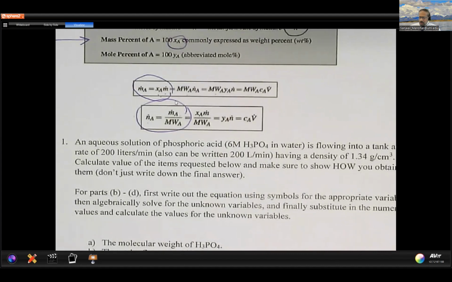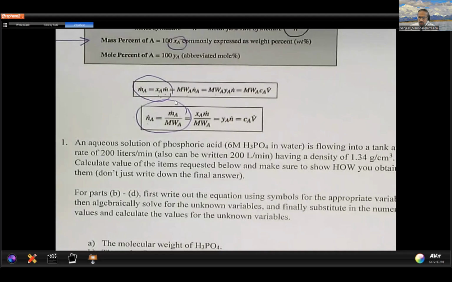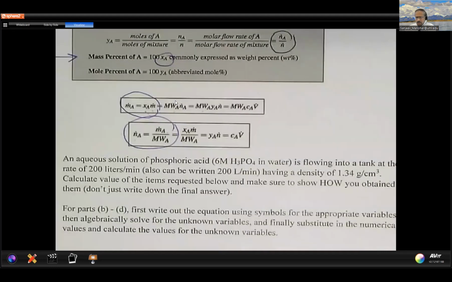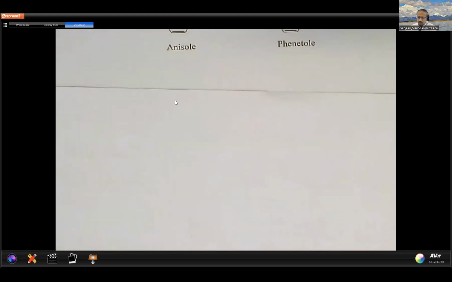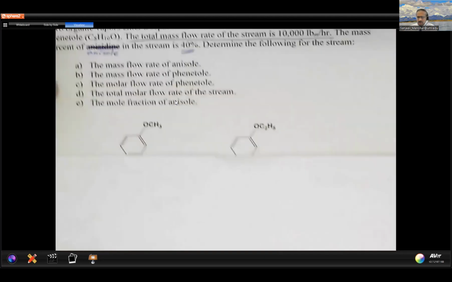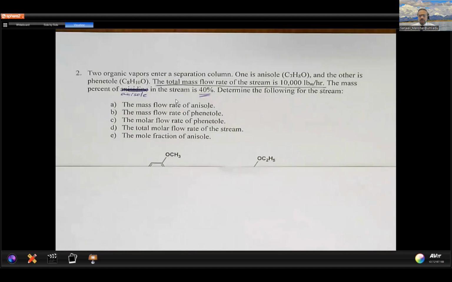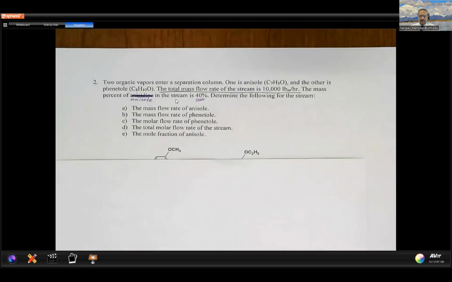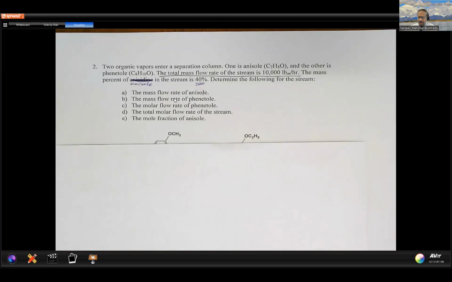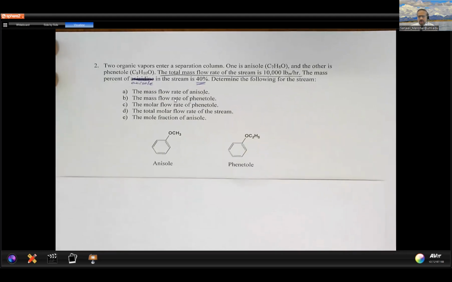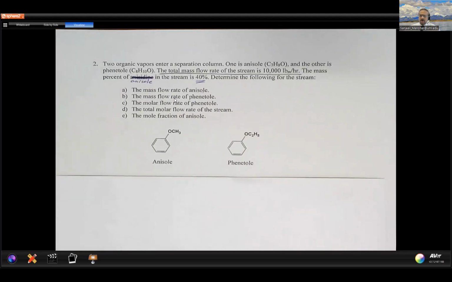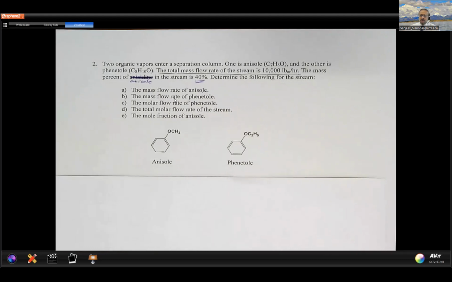Now let's go to problem number 2. Let me put this up clearly. So two organic vapors enter a separation column. One is anisole, the other is phenol. The total mass flow rate of the stream is 10,000 pound mass per hour.